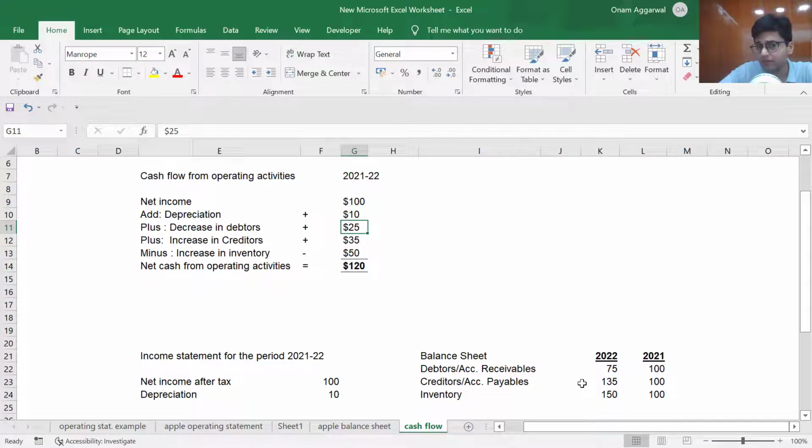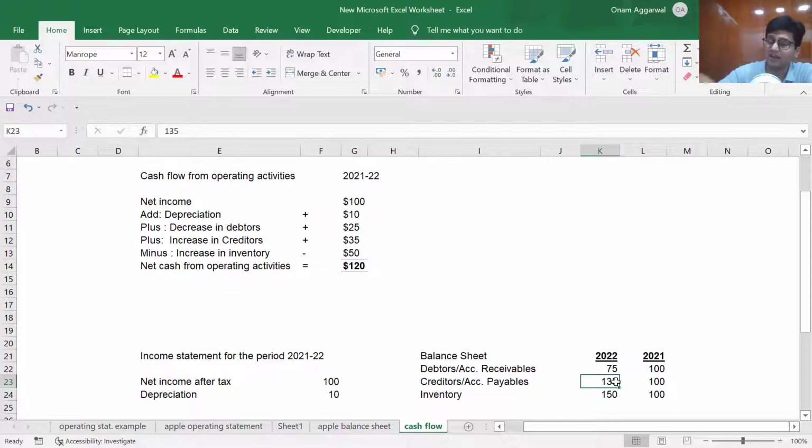Similarly, now comes our current liabilities. Our current liabilities have increased from $100 to $135. That means that our current liabilities have increased by $35. So what does this mean? It basically means that during this year, I have taken $35 of extra goods from my suppliers and I have delayed making the payment to those suppliers.